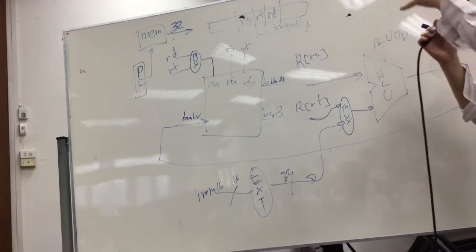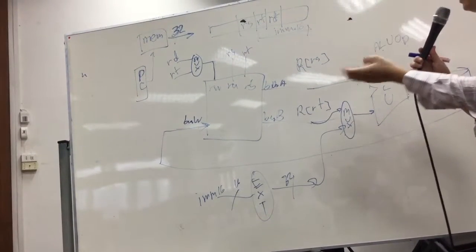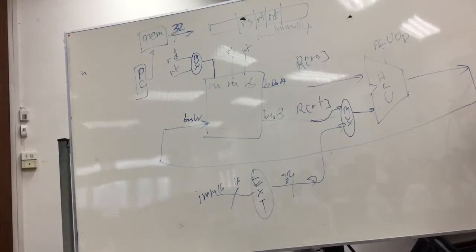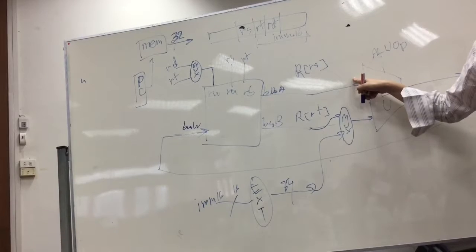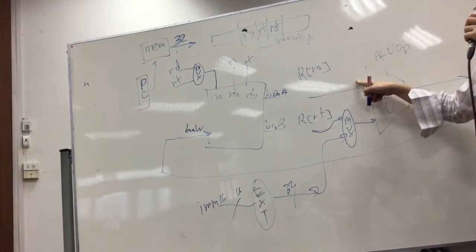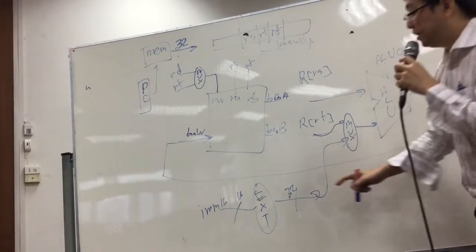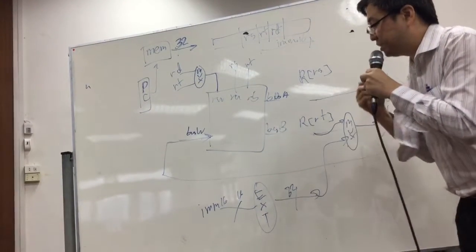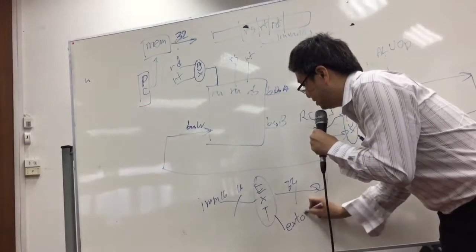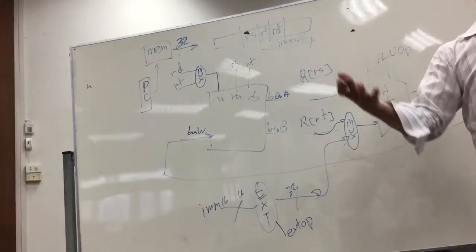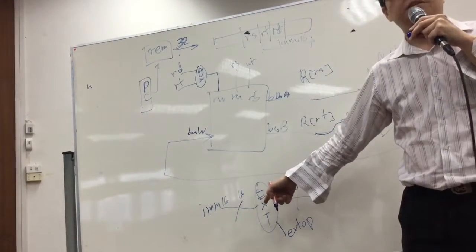Load instructions say we want RRS to add with the sign extend immediate 16-bit. Okay, we got RRS. That's what we want. What else do we want? Sign extend immediate 16-bit. Well, if you happen to have one extender that has an extender operation allowing you to do either sign extend or zero extend, you can just use the same extender.